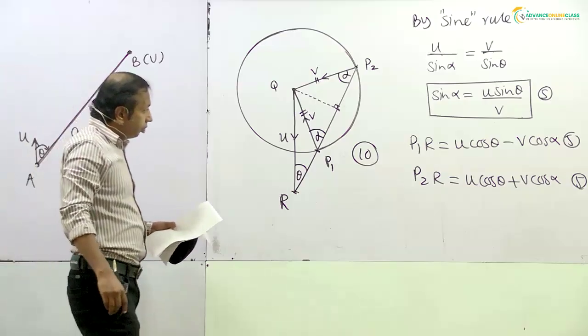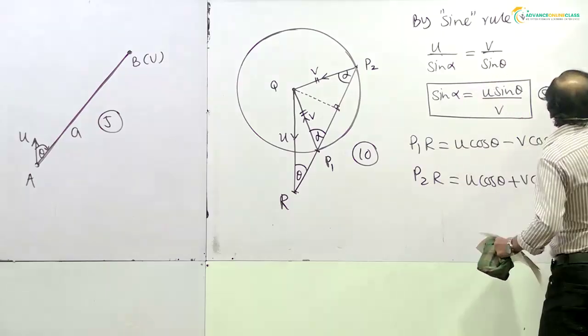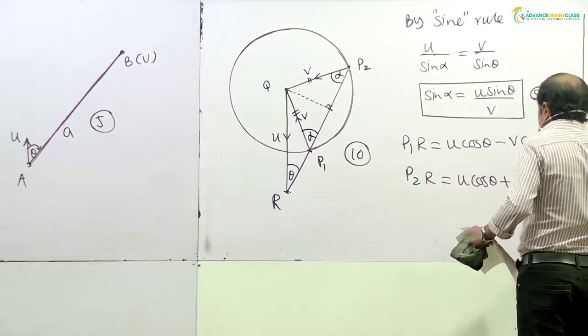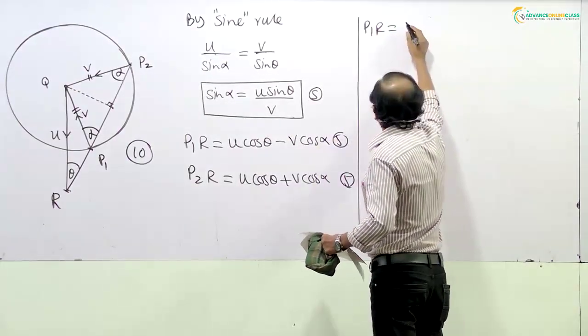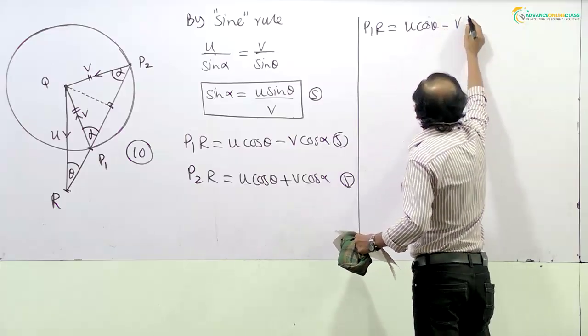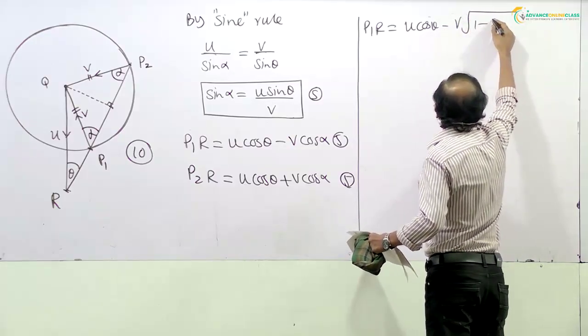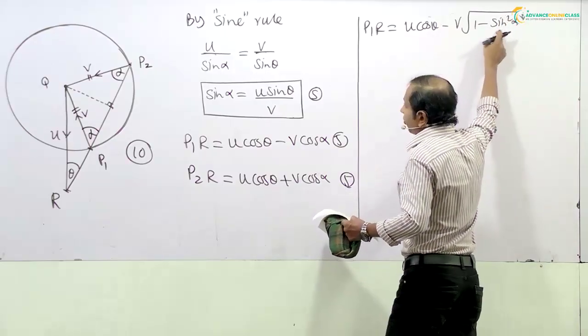Right. Now we can substitute for cos alpha in P1R. u cos theta minus v cos alpha. We can write cos alpha as square root of 1 minus sine squared alpha. Substitute sine alpha by this.